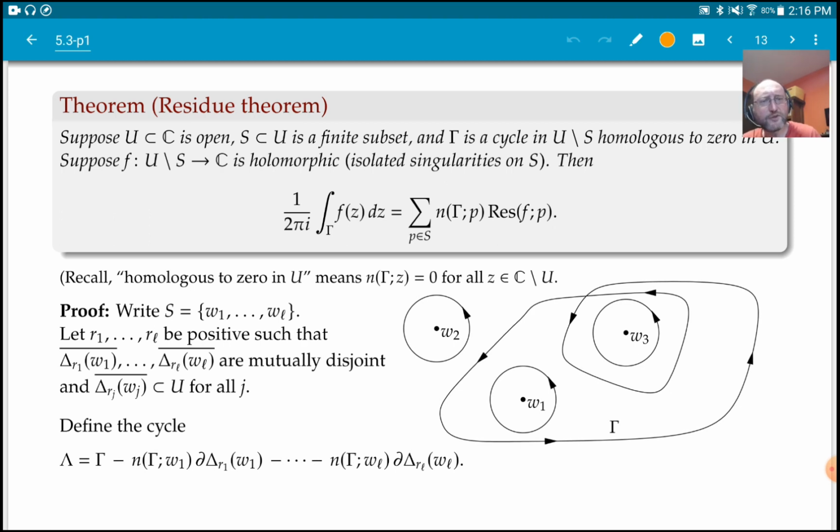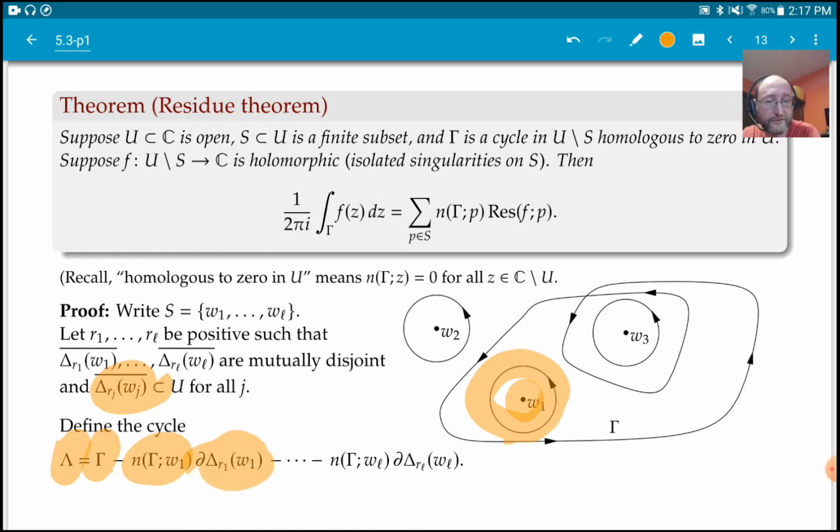And then we're going to define this cycle lambda, which is going to be gamma, and then we're going to subtract the right multiples of the boundaries of those little disks. So if we have w1 here, this is the boundary of that little disk, and we're going to take the winding number of gamma around w1, and we're going to subtract. So we will actually go in the opposite direction.